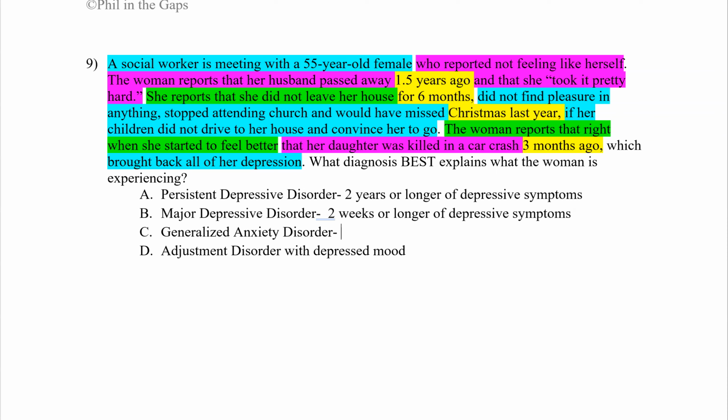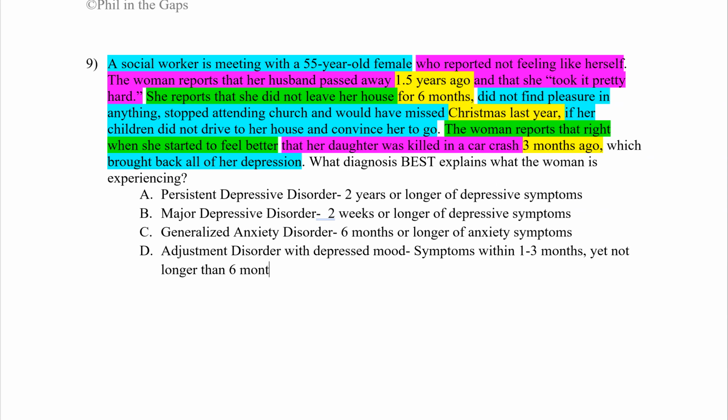Generalized anxiety disorder is going to be 6 months or longer of anxiety symptoms. D, adjustment disorder with depressed mood, is going to be symptoms within 1 to 3 months, yet not longer than 6 months.